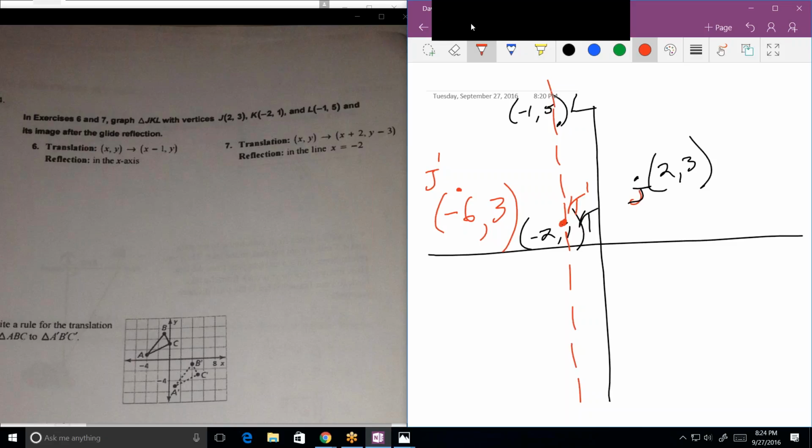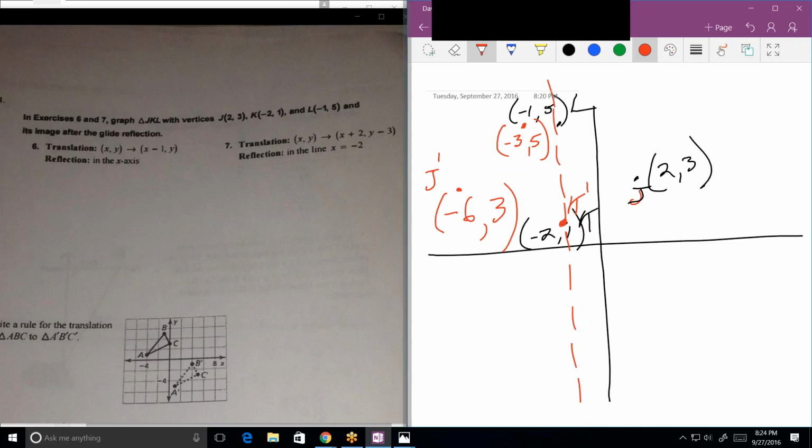About L, how far is the x-coordinate of the original point L from that line? It would go to -3, wouldn't it? Yes. The point is -3, 5. So we've got our reflection taken care of.